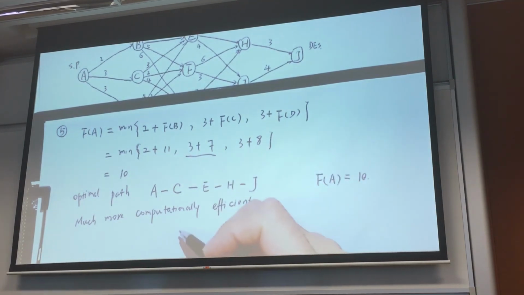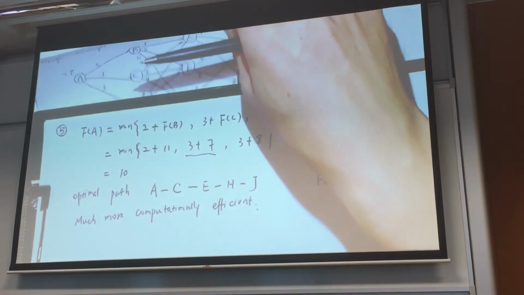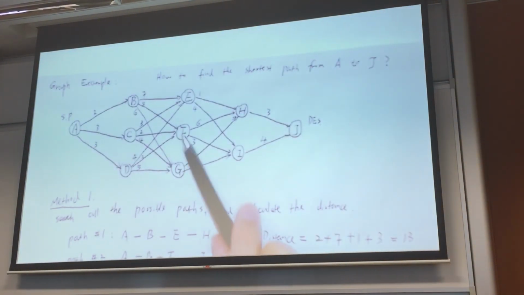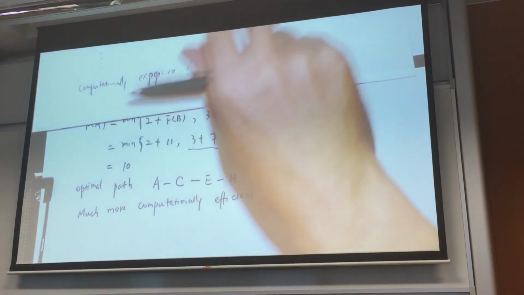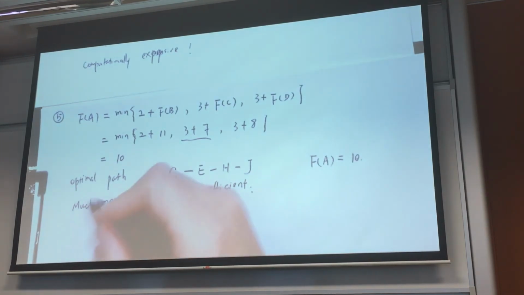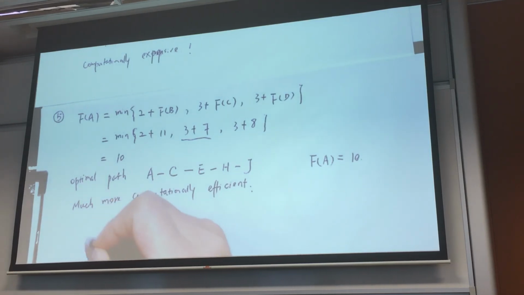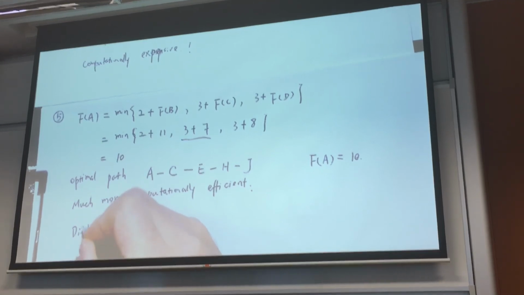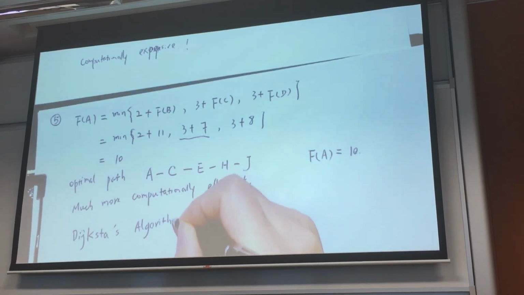So for the dynamic programming, for the path planning in a graph, or to find the shortest path in a graph, a special version of the dynamic programming has been developed. It's a very known version of the dynamic programming algorithm, known as Dijkstra's algorithm.